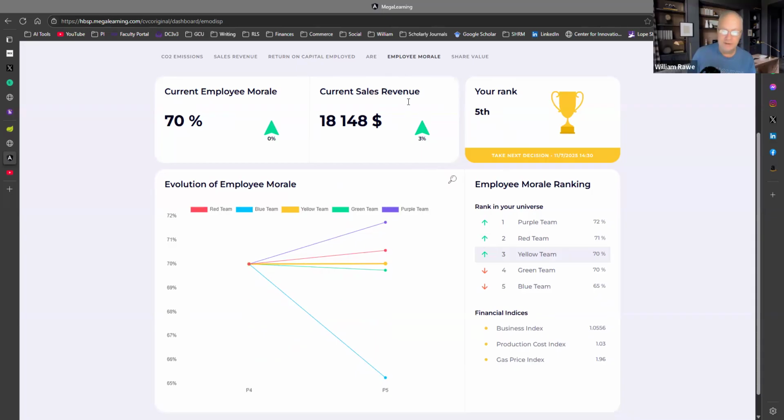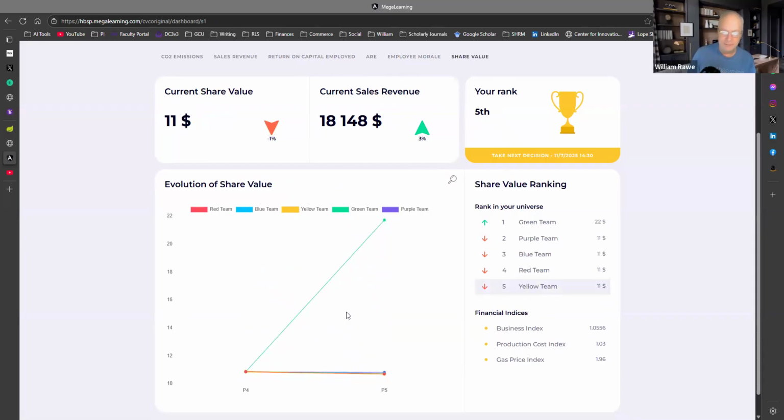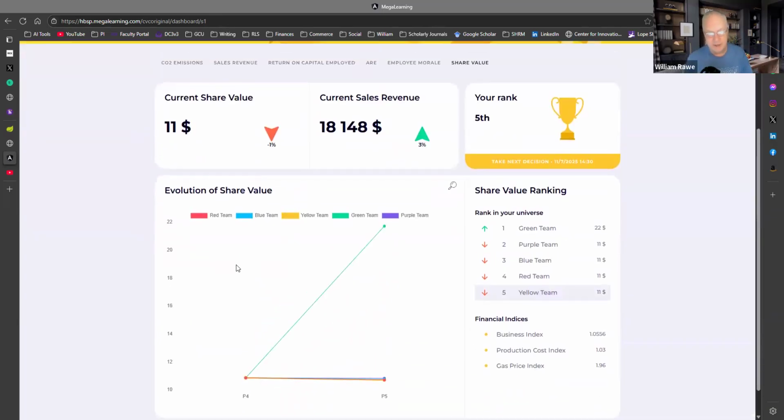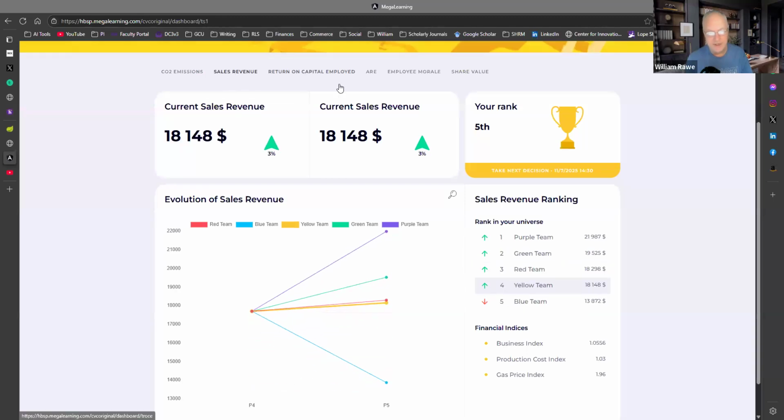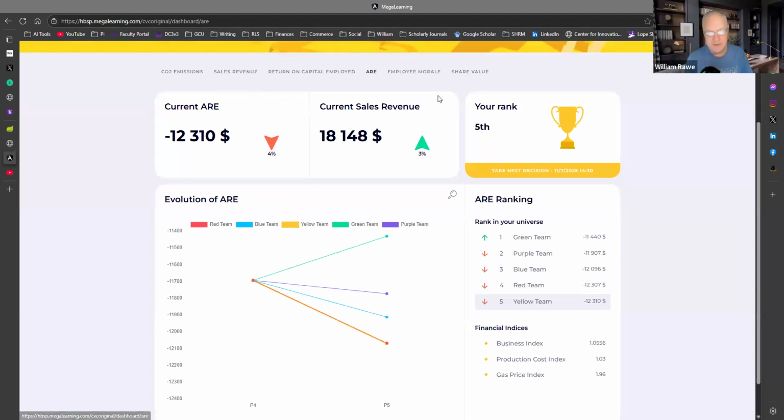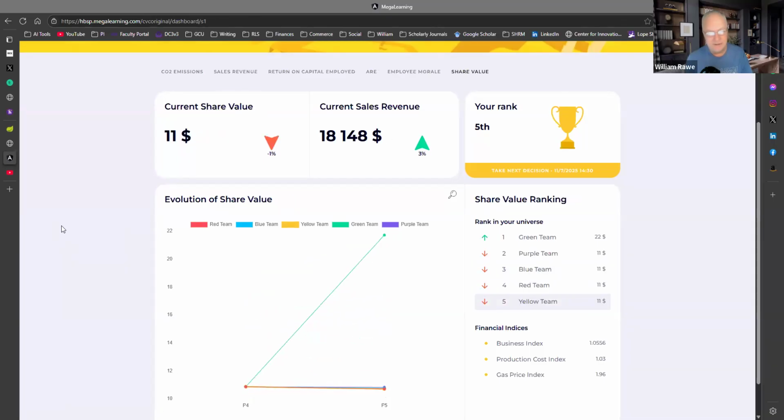Here we're 3rd with current sales revenue. And share value, we're 5th place. All right, so that gives you a good snapshot of where you are for each of the items that are graded in the simulation to determine your position in each round.